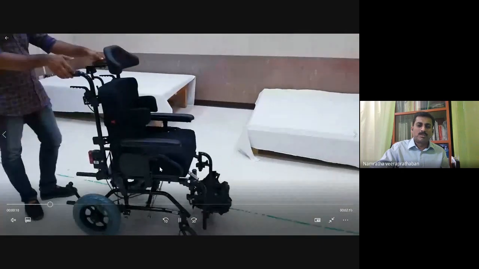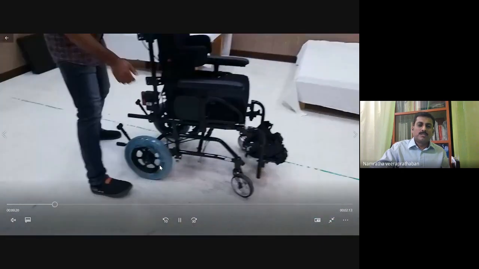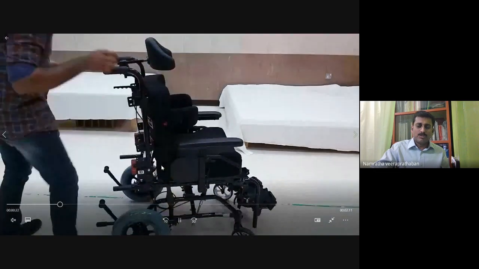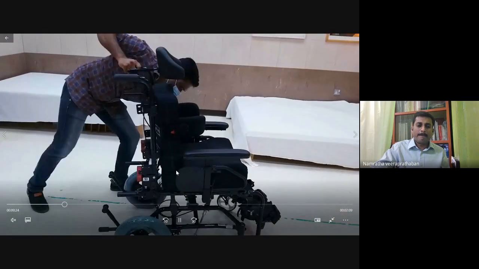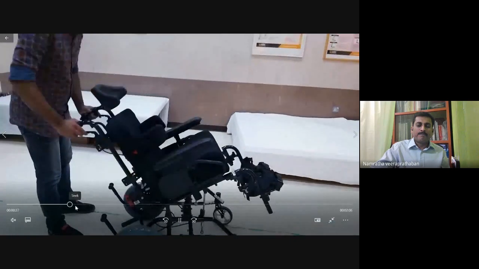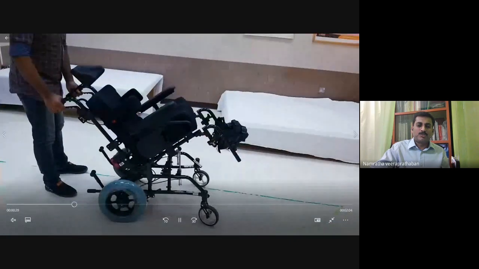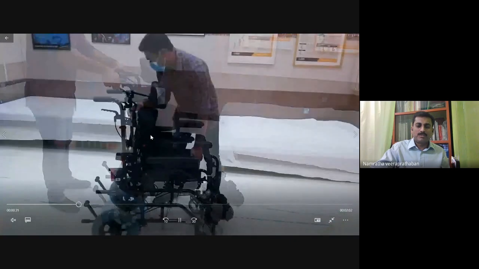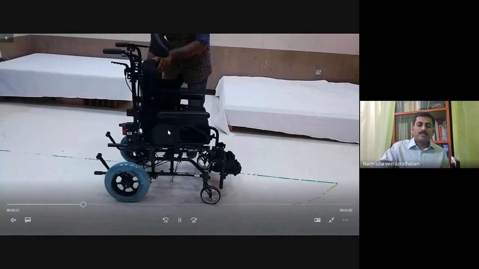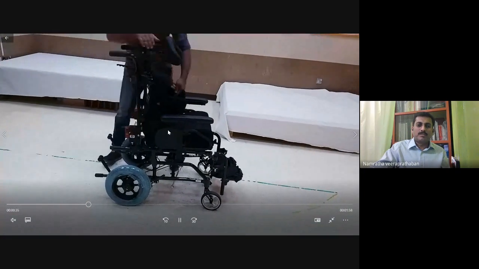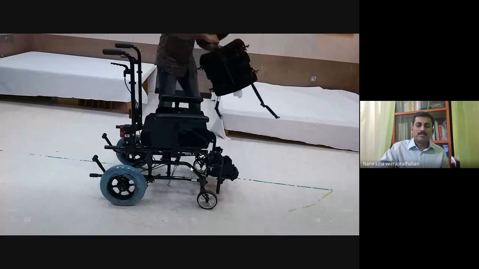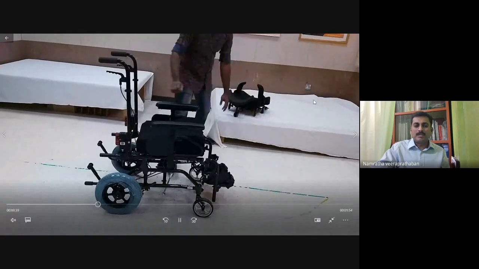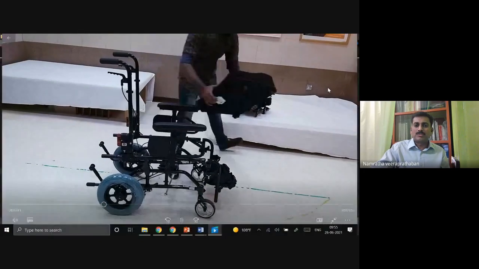You see all the accessories are there: head support, laterals, hip belt, shoulder harness, everything. And this wheelchair is now going to show you how to tilt in space. Yeah, this is tilt in space. The hip angle doesn't change, and in recline the hip angle changes. The same way we did for the semi-active wheelchair, we have to remove the seating system and everything. So I don't want to take your time again to demonstrate these things.